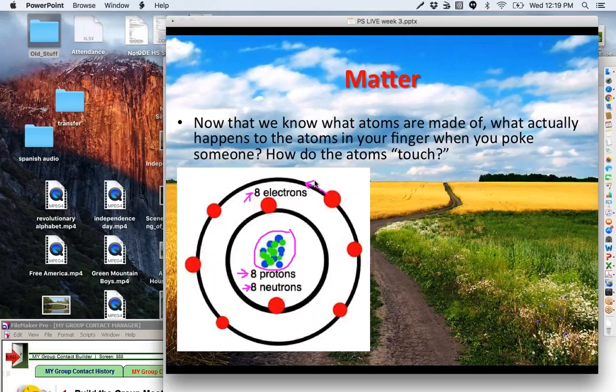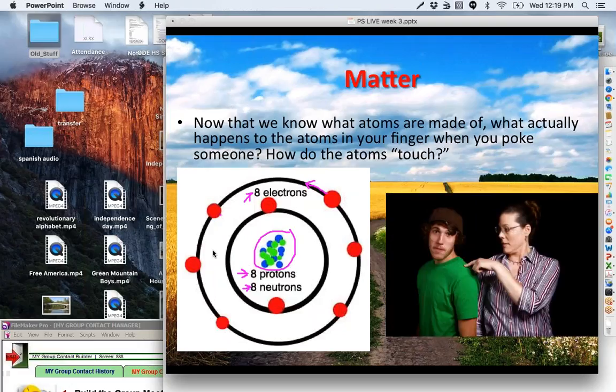It seems like this is not electrons on the outside flitting around. This is a solid thing that seems to be touching, right? Well, we'll see that touch actually is a lot more deceptive than that. And in reality, touch may not even actually be possible the way we think of it.